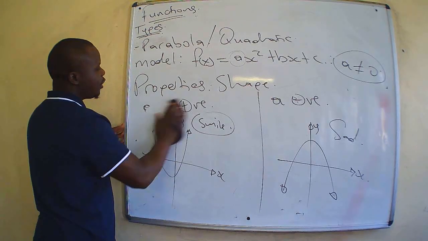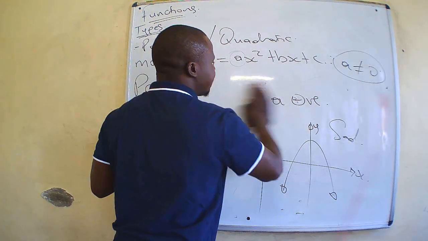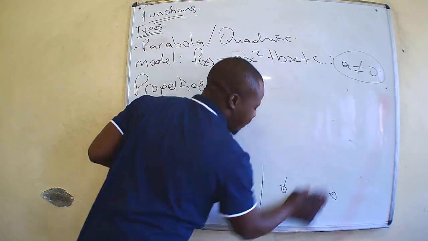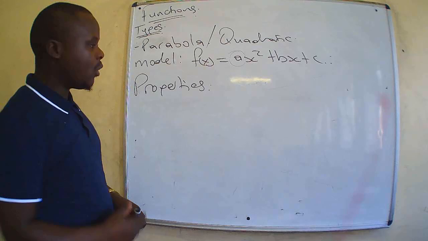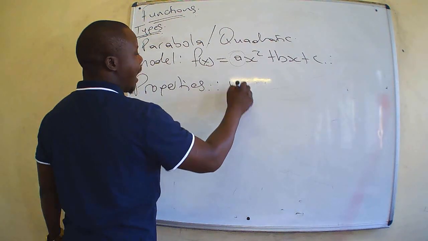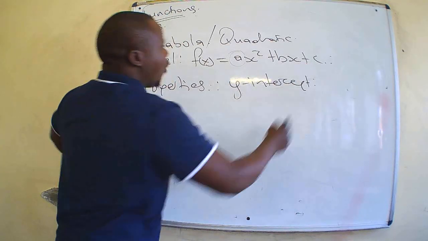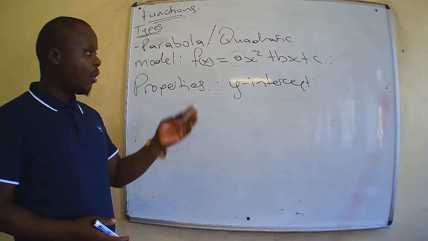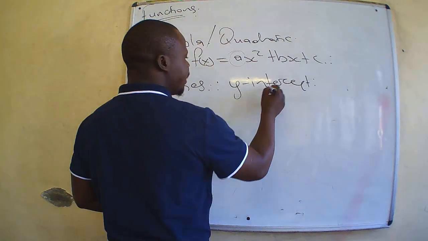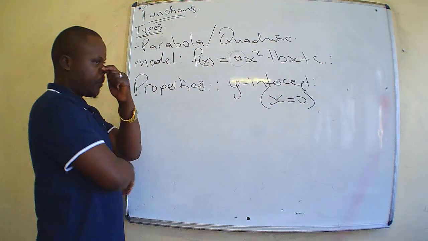Now let's move on to some other properties. Let us understand the next property, which is not the shape. This time around, let us understand a property which we shall just call the y-intercept. How do you find the y-intercept of a parabolic function? The y-intercept is found when you make x equal to 0 in this function.